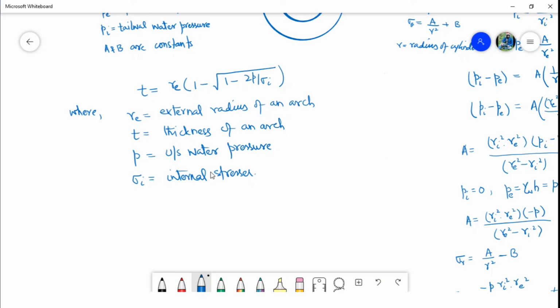So remember, here we have considered the tail water pressure to be 0, okay, tail water pressure to be 0.